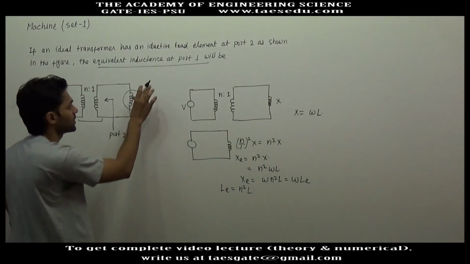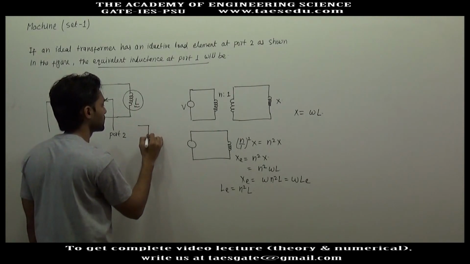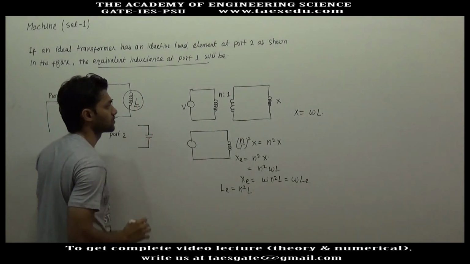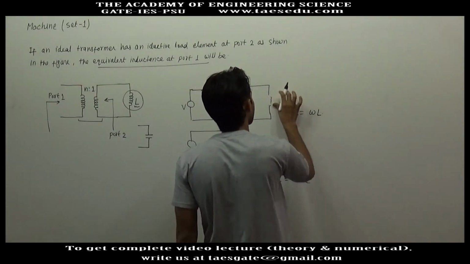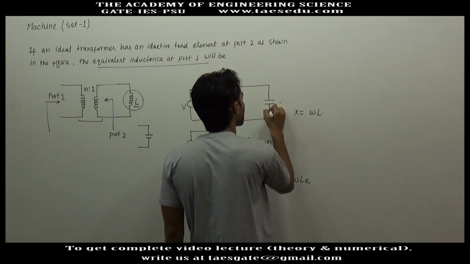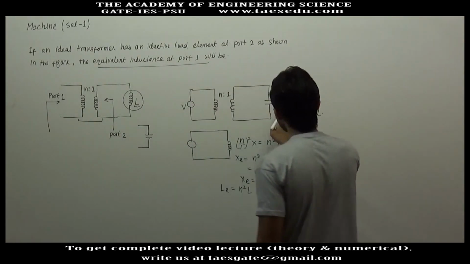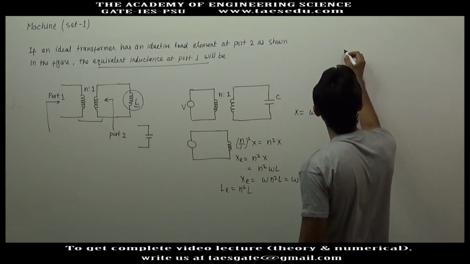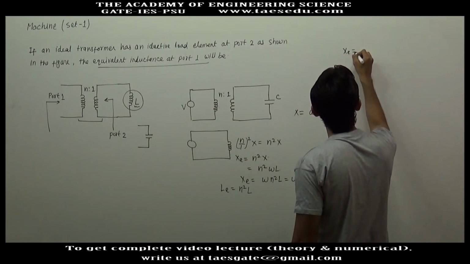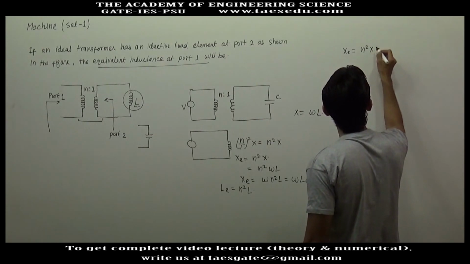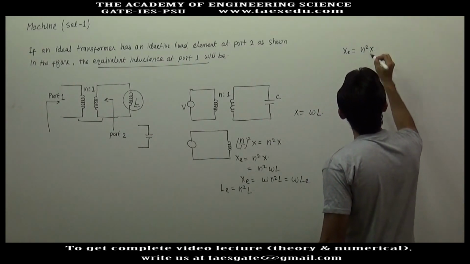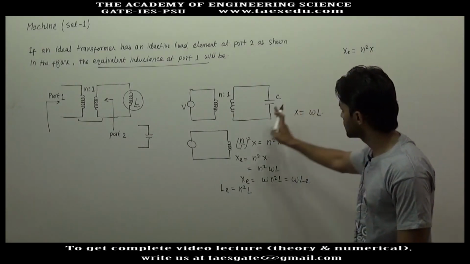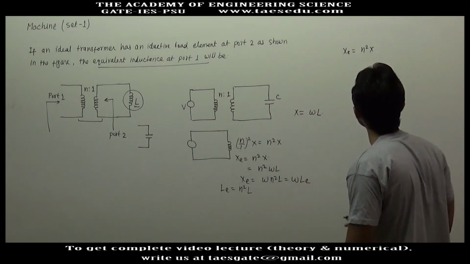If in place of inductance we had a capacitance here, then what will happen in case of capacitance? When you refer this side, X equivalent will be n square into X. X equivalent or reactance will always increase according to the turn ratio.